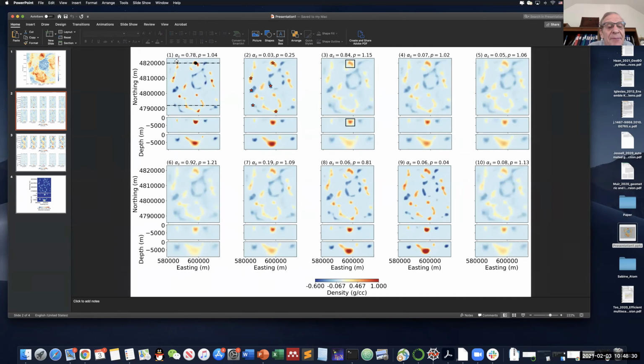Oh, for here, I randomly tuned two adjustable parameters. One is alpha S, the weight for the smallest terms, and another is the norm value on the smallest terms. I randomly sampled these two parameters from a uniform distribution and implemented the inversions.